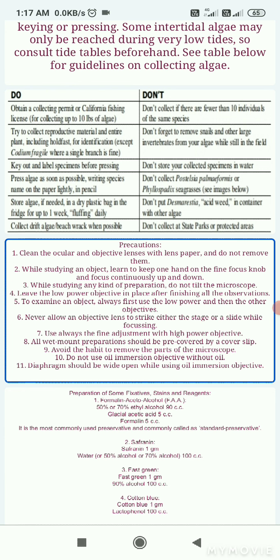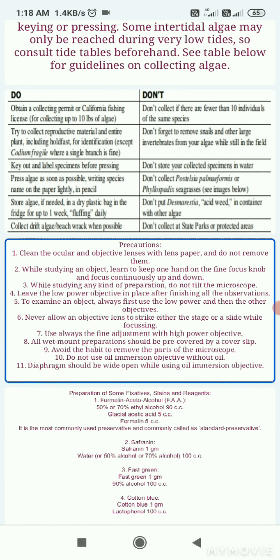First one, that is clean the ocular and objective lens with lens paper and do not remove them. After that, while studying an object, learn to keep one hand on the fine focus knob and focus continuously up and down, for the adjustment of a permanent slide inside the microscope for the observation of an alga.